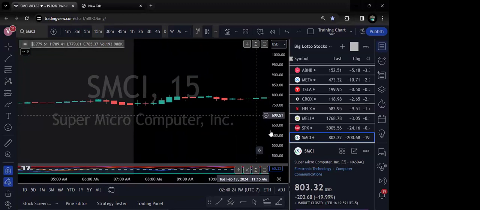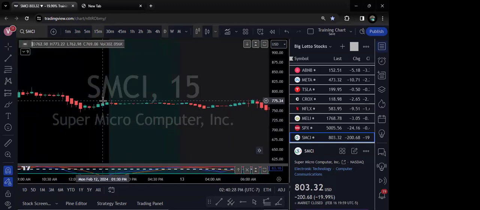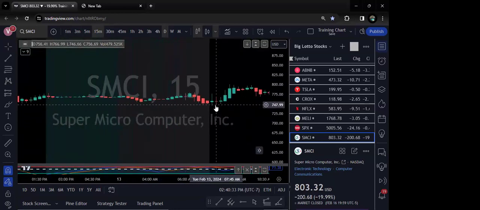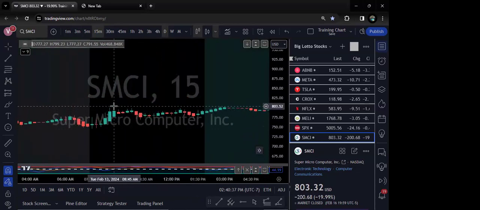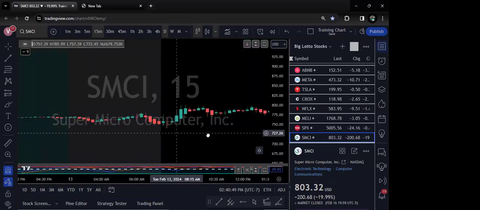So this stock opened low compared to the previous day. So this is the previous day close. It opened below it. And then it went up. This is the high. And then it closed. This is the closing candle. It closed up here. So when the market opened, this stock was below.